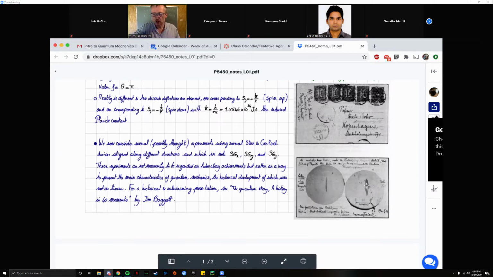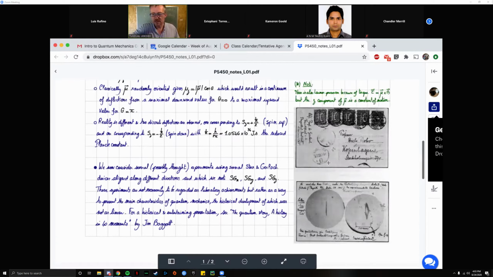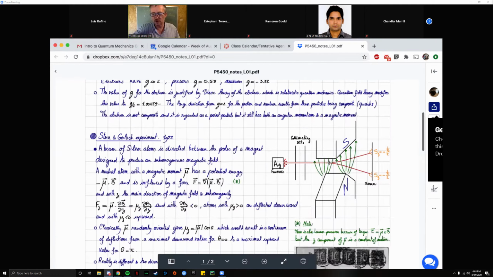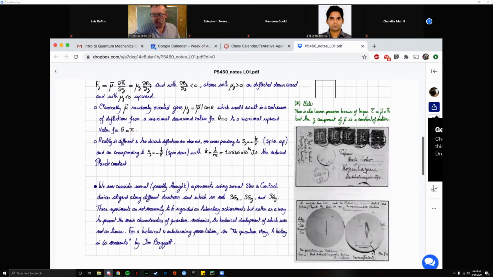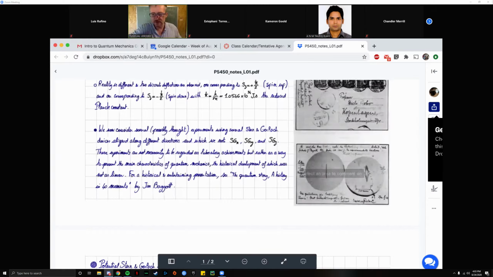And for those atoms going right in the center of the magnet, if you go back here, that's where the gradient of the magnetic field is going to be the largest. That's where you have the largest deflection, and you see that there are some atoms that are deflected, let's say up, if up is left here, and some down on this picture.